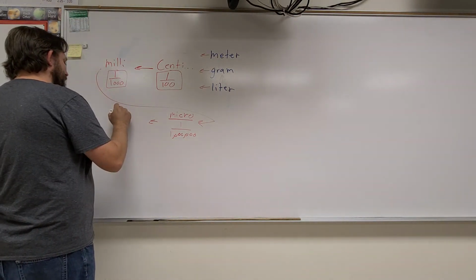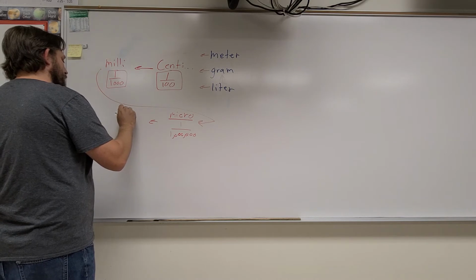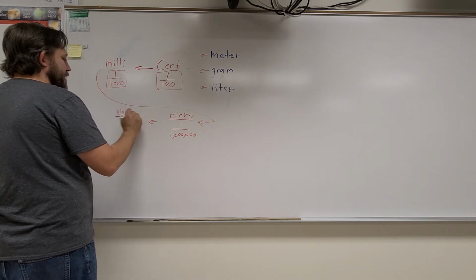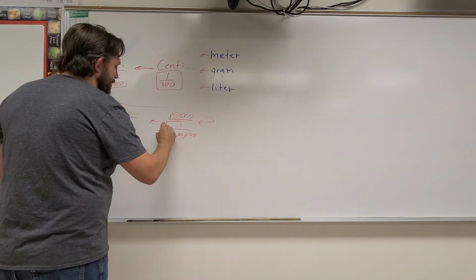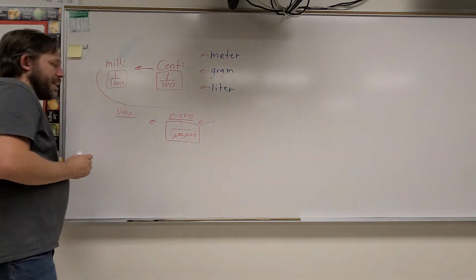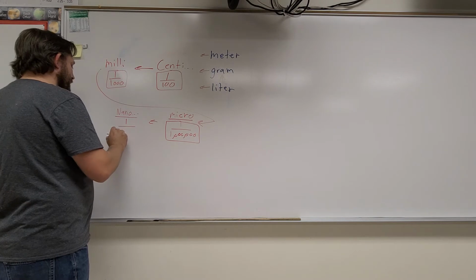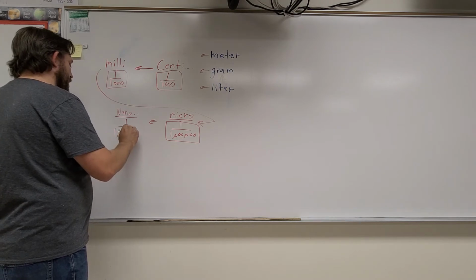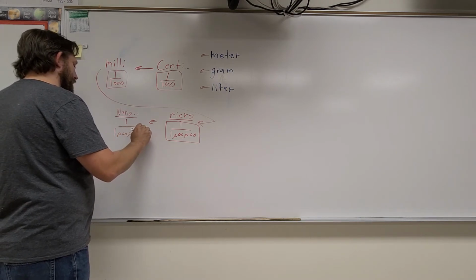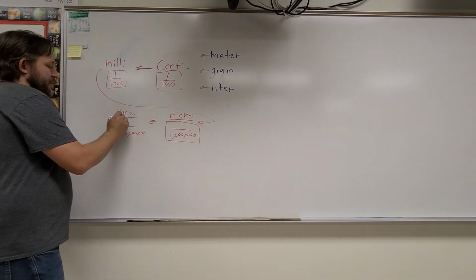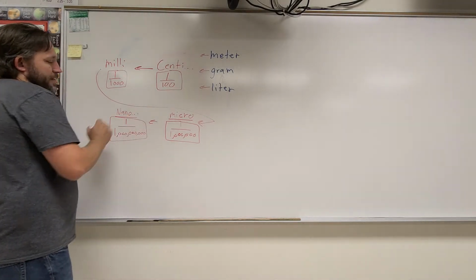And then we have nano. You guys have heard of nanotech or nanotechnology. Basically, it's anything that is 1 billionth of a meter in size. The way I remember this is it's 1 times 10 to the 9th.